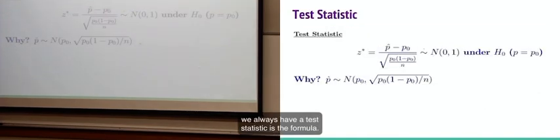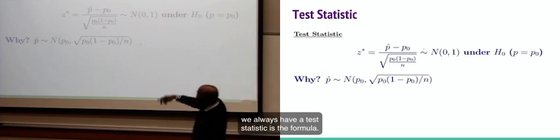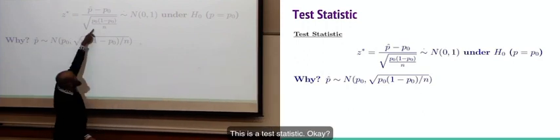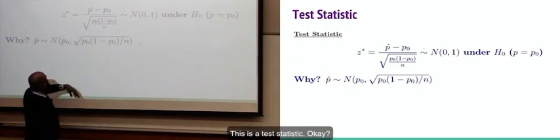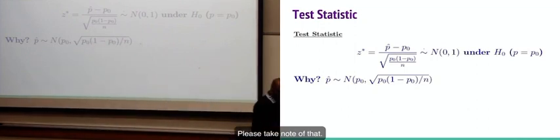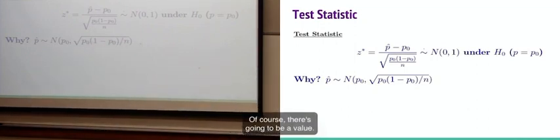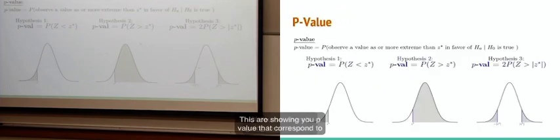And of course, we always have a test statistic. That is the formula. This is a test statistic. Okay? So please take note of that. And of course, there's going to be a p-value. This is showing you the p-value that corresponds to a particular test.